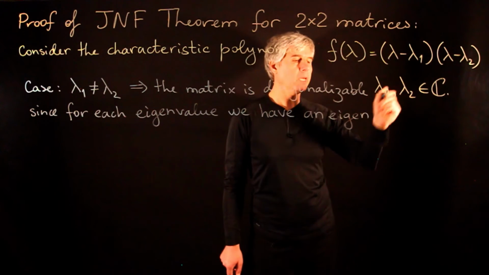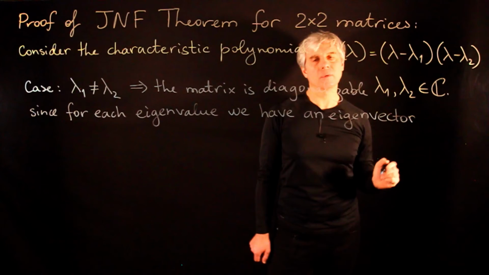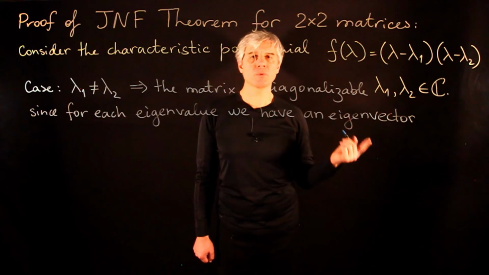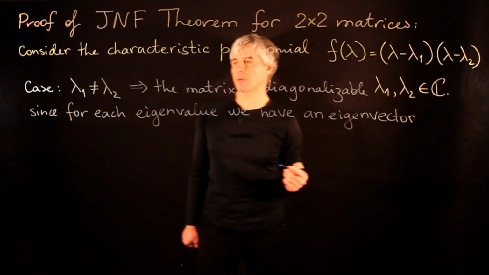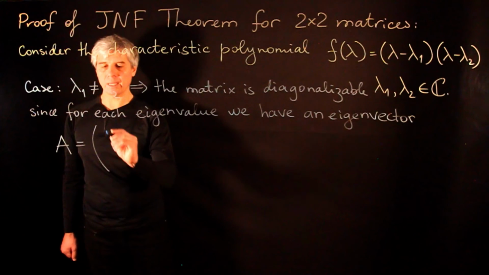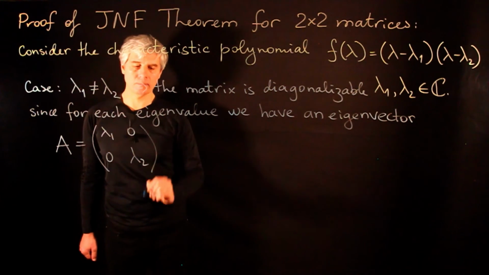And since we have two distinct eigenvalues, we will have two linearly independent eigenvectors which will form the basis of our two-dimensional space, and the matrix then will look like lambda 1, 0, 0, lambda 2.